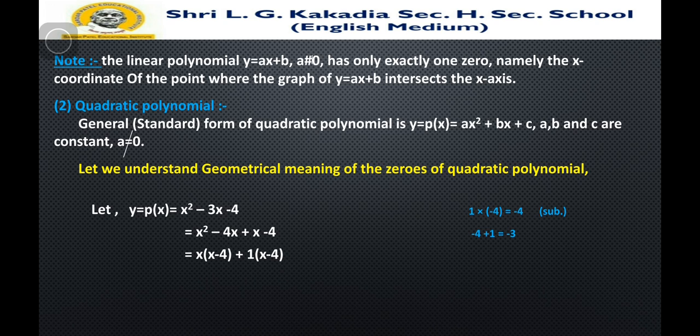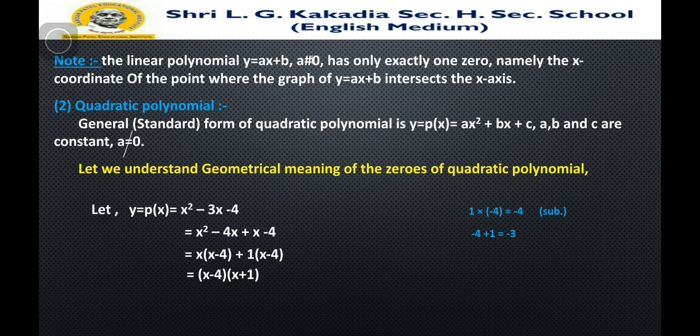First we extract x from the first group, then we get x into x minus 4 plus, from the second group, the common term is plus 1, and the rest of the part is x minus 4. So now you can see that in both terms x minus 4 is a common term, and then we extract it, and the remaining part we put in a bracket.